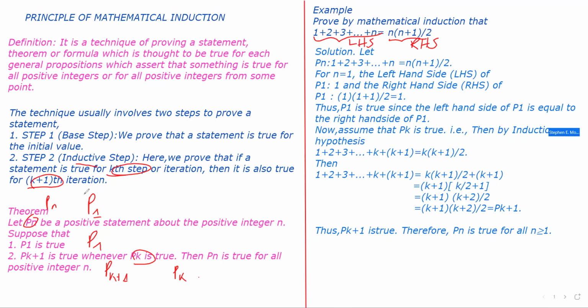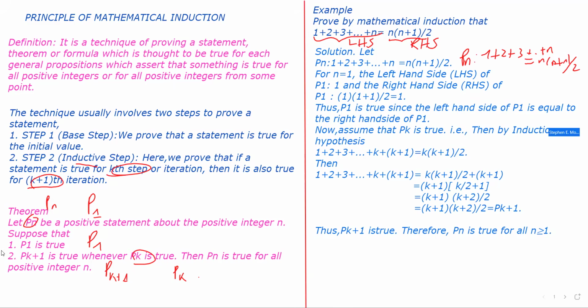So what does the principle state? The principle of mathematical induction says if you are given a question that says prove by mathematical induction that the left-hand side of a statement is equal to the right-hand side of the statement, then you start by saying, okay, this is our Pn, the statement 1 plus 2 plus 3, and so on, is equal to n times (n plus 1) over 2.